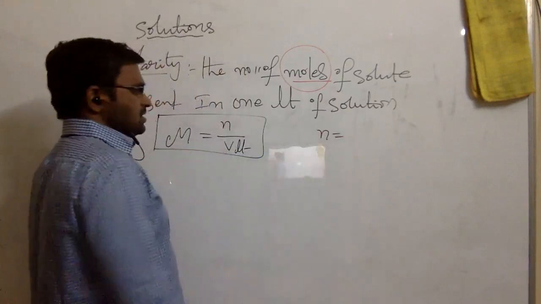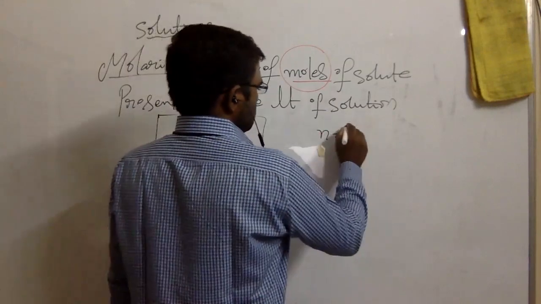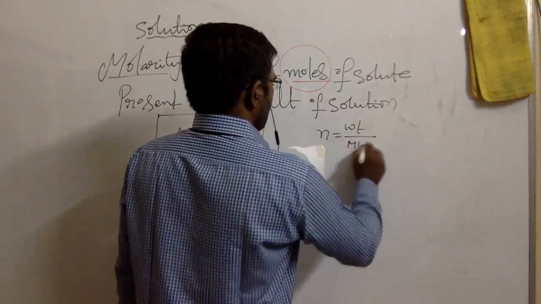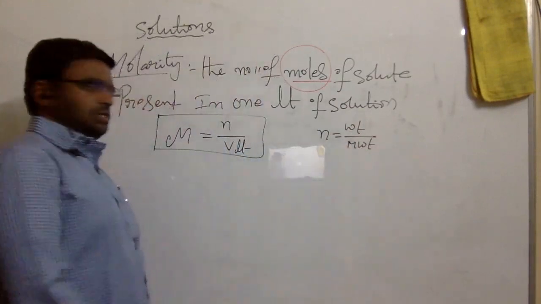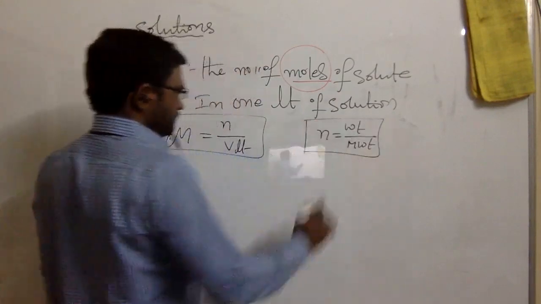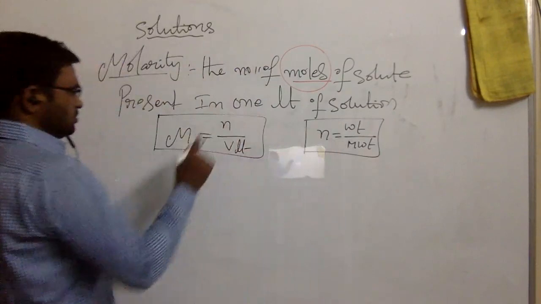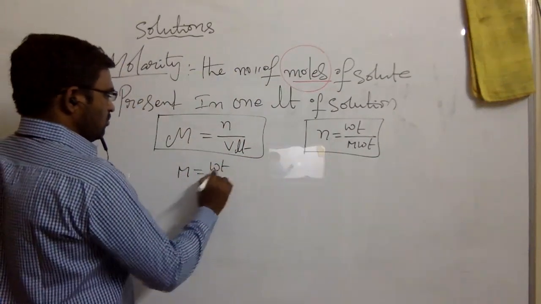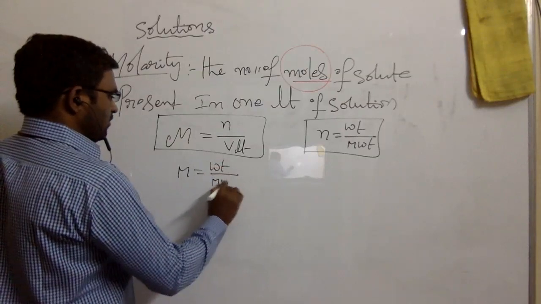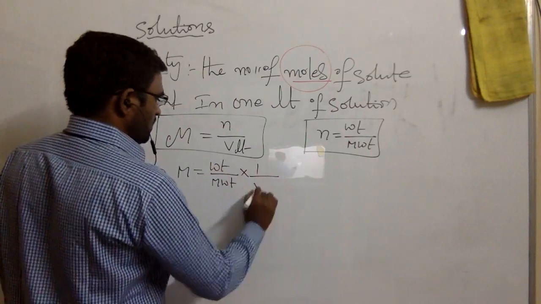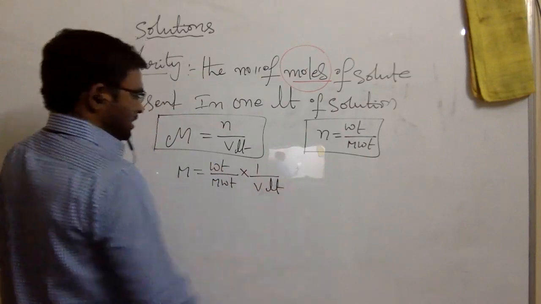For any chemical substance, moles is equal to weight divided by molecular weight of that substance. Now substitute this value in the equation. Here molarity is equal to weight by molecular weight of solute into 1 by volume of solution in liters.